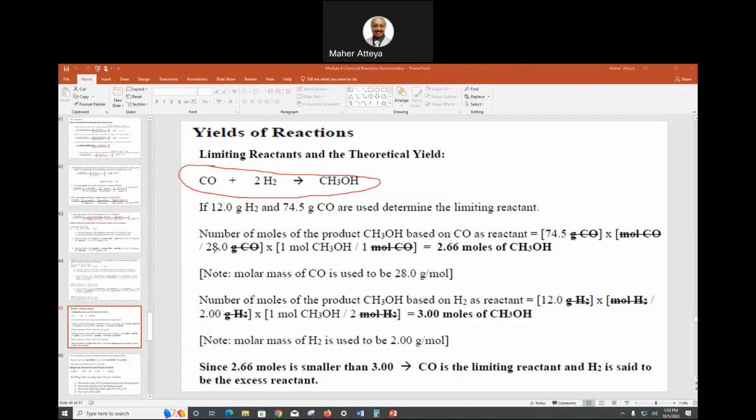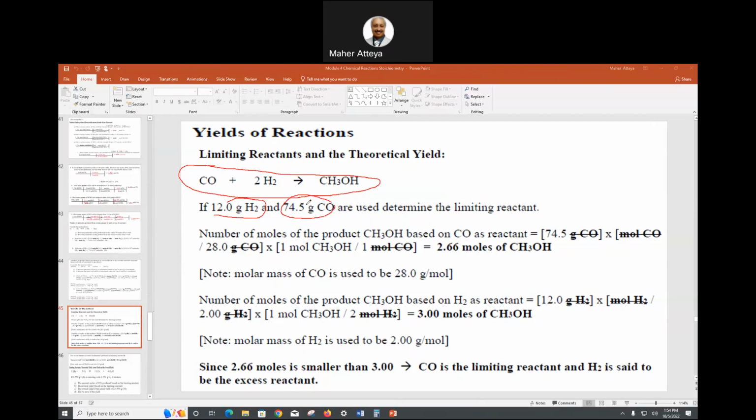So I have 12 grams of hydrogen, that's a reactant, correct? And I have 74.5 grams of CO. What's the name of CO? Carbon monoxide. Perfect.